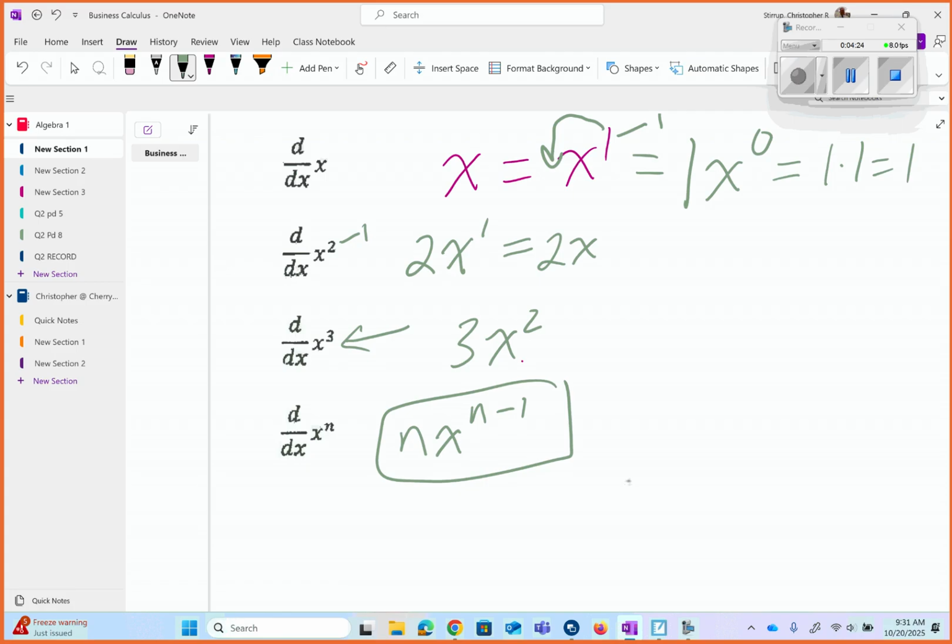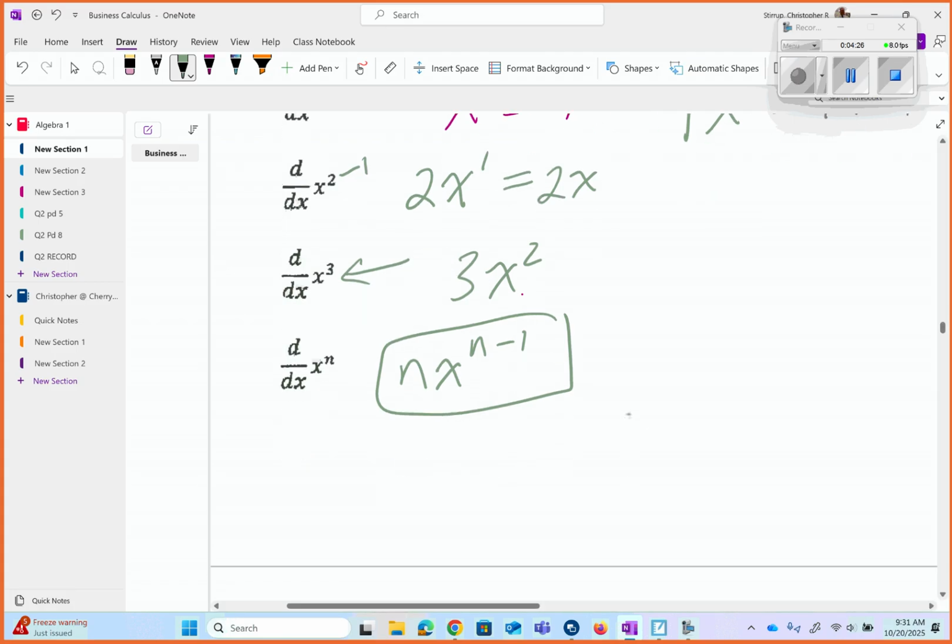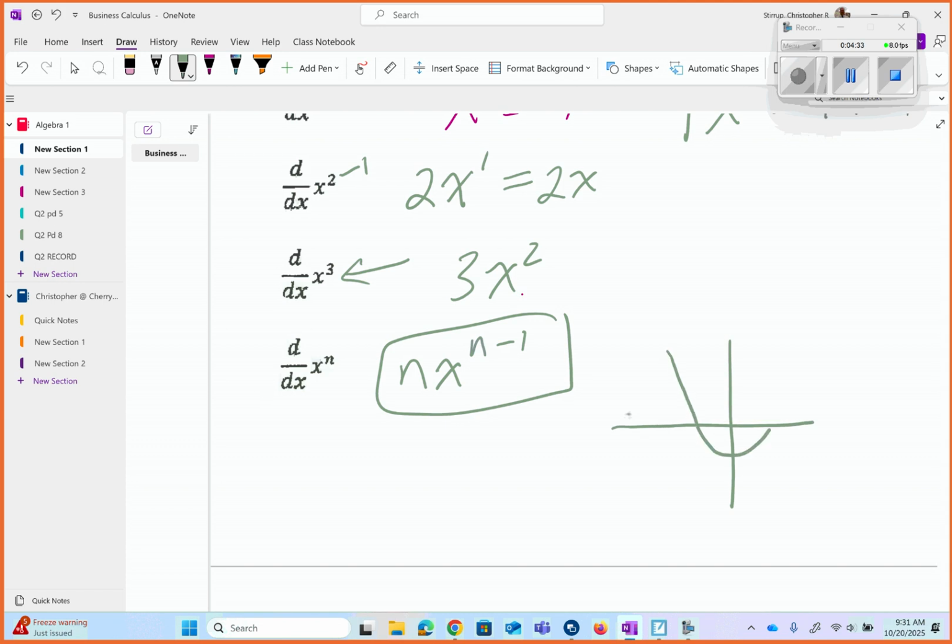Hang on a second. Let's do a little picture over here. Let's say I had a graph that looked like this. Parabola, agree? Let's say this is -1. If I brought -1 straight down to here, I got to this point right here.